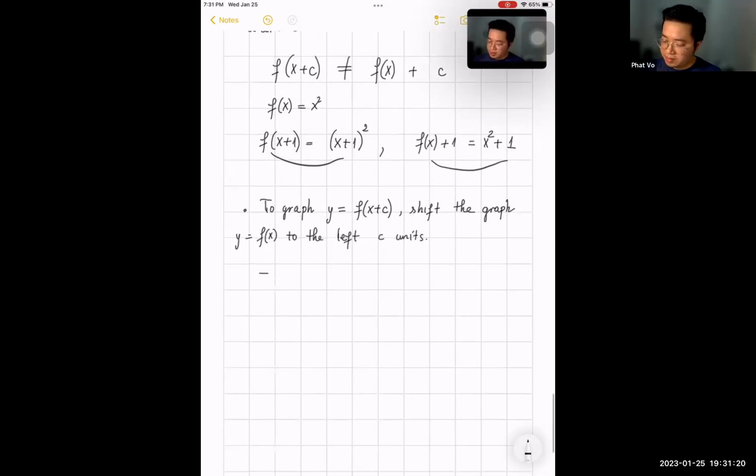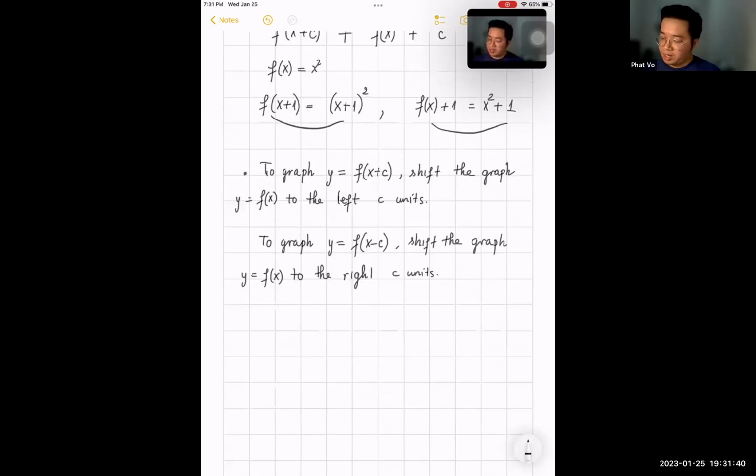And to graph the function f at x minus c, you will shift the graph y equal to f(x) to the right c units. So be careful here. If it's positive here, you will move to the left. If it's negative here, you will move to the right. Those are the rules you need to remember.